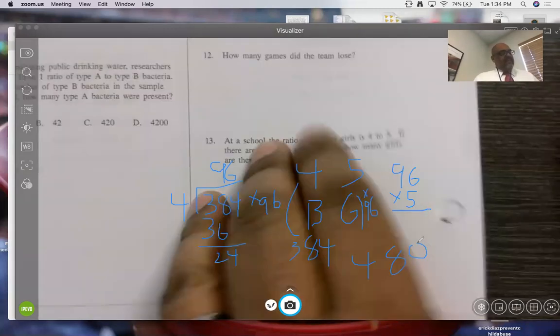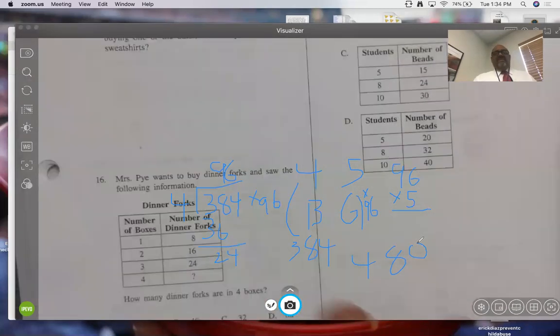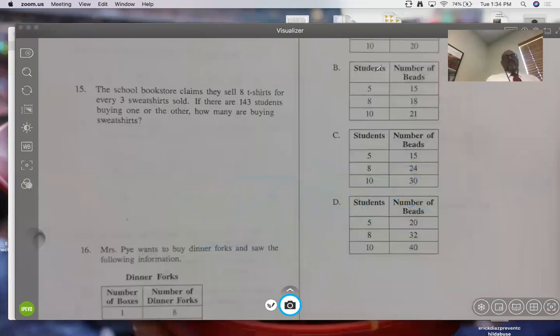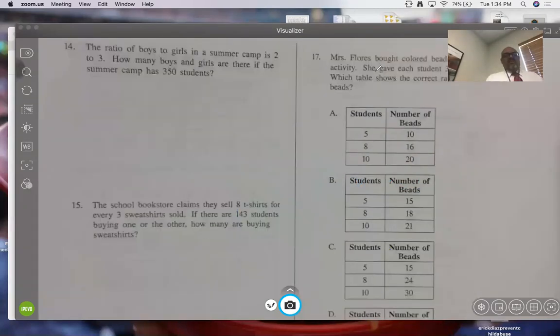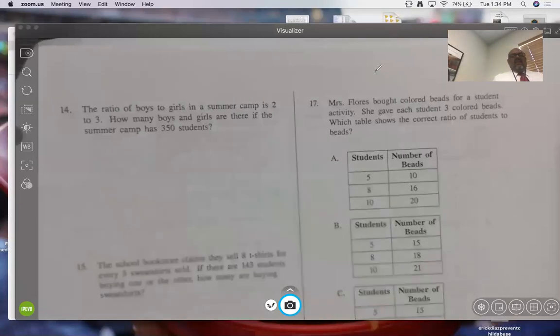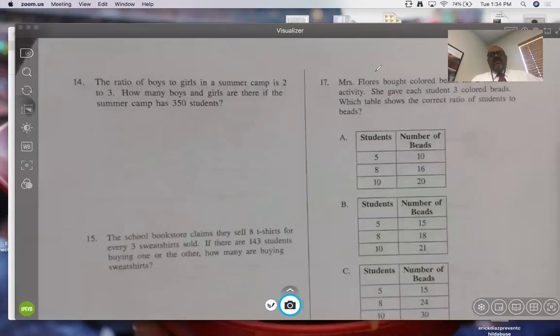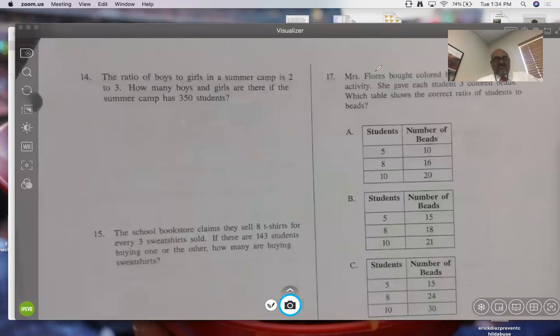480. Okay, last two. Let's go ahead and clear out our screen before we get to some charts. Okay, how many boys and girls are there if the summer camp has 350 students? The ratio of boys to girls is 2 to 3.